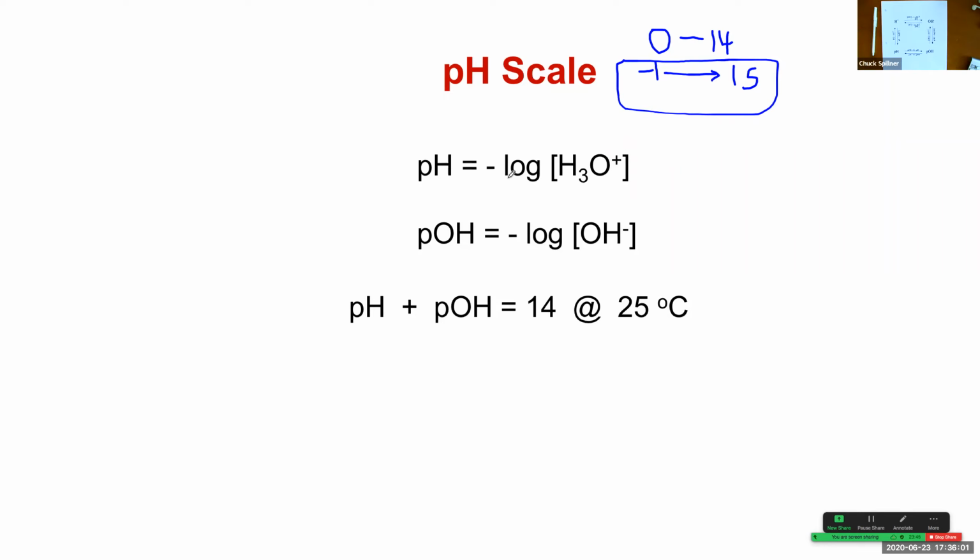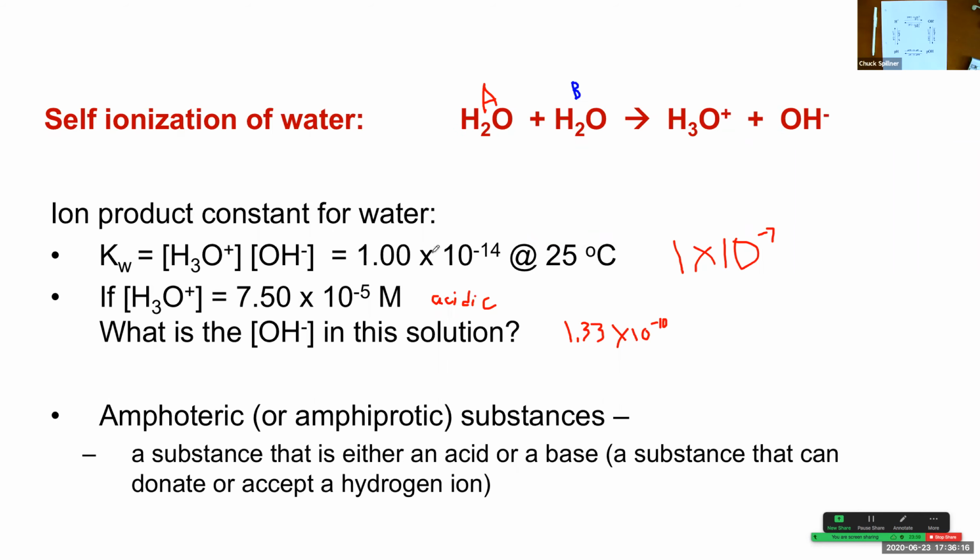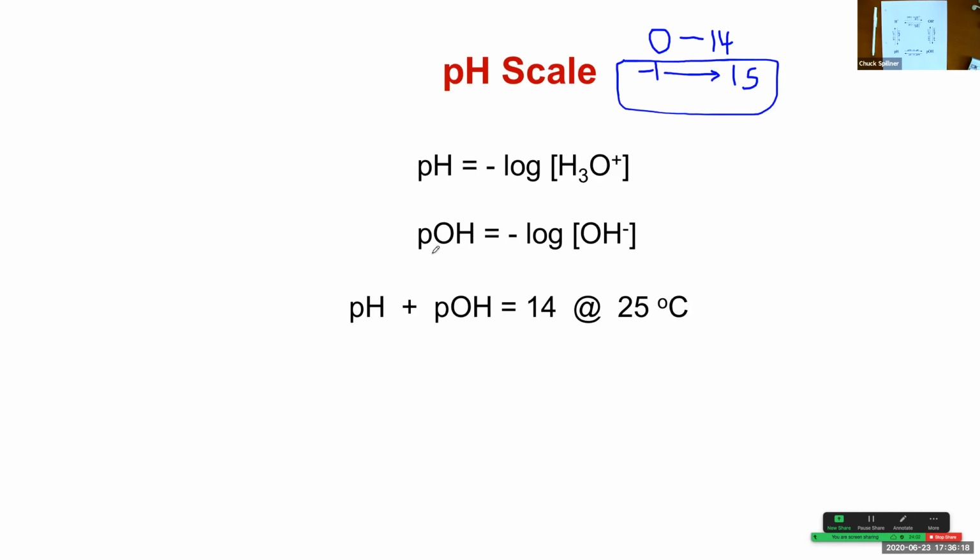Because the pH is a log scale, it's a negative log scale. If you take the log of a number less than 1, it's going to be negative. And remember, all of our numbers are typically less than 1. So when you take the log of a number less than 1, it is negative. That's why we take the negative value of it.